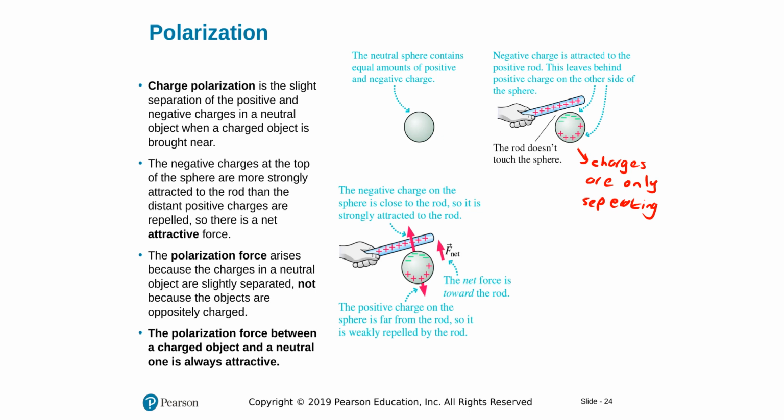Like in this case here, if I don't touch this positively charged rod but put it close to this metal ball, which is actually neutral, what will happen is that we have positive charges here, and it will pull many negative charges close to itself, so there will be a charge separation inside the metal ball. This is what we call polarization.